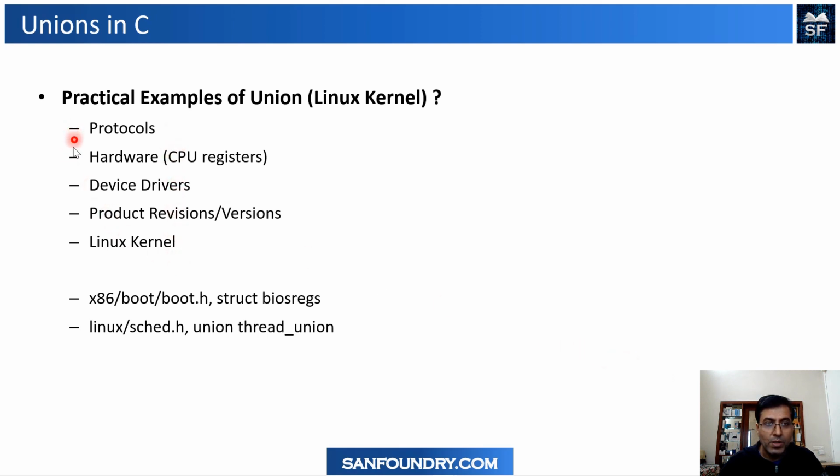You have protocols, hardware or device drivers, then products, revisions and versioning on the products, and the Linux kernel in general. Not only these, some applications might also be referring to the same piece of memory for different purposes, okay? So let's take examples, because I will jump into the kernel code pretty soon, but we need to understand some of these first, okay?